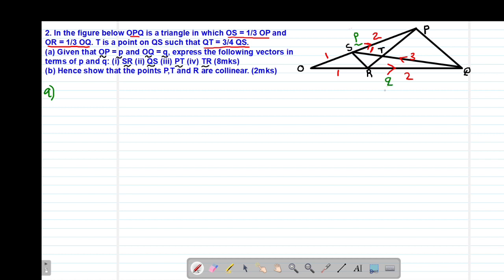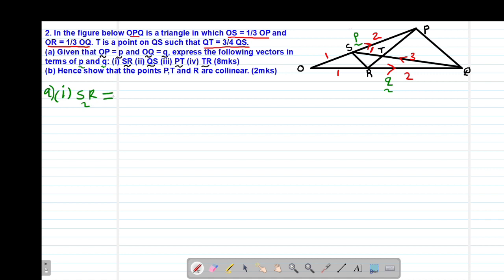So this is vector Q. Express the following vectors in terms of the vectors P and Q. So Roman 1, they want us to express the vector SR. So we need to express the vector SR in terms of P and Q.